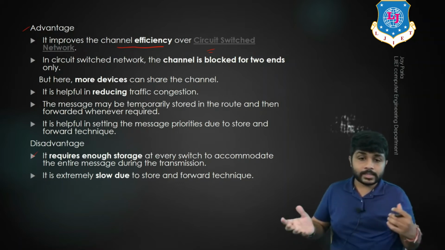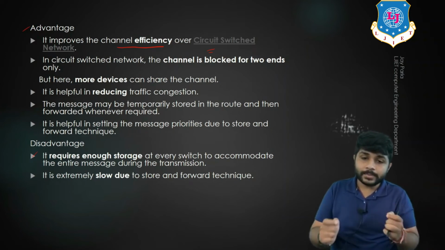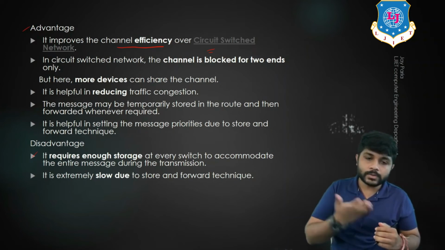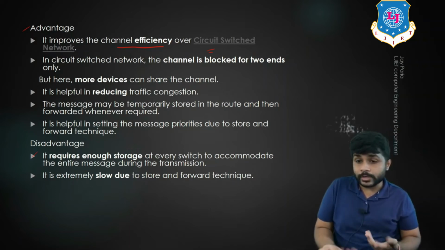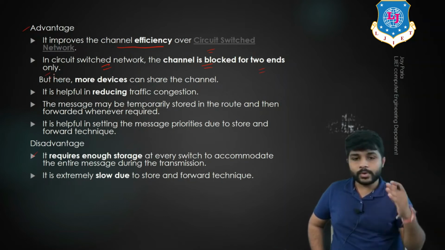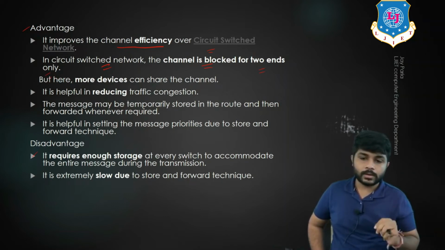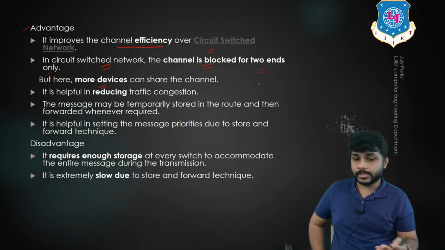The sender and receiver have multiple links, and whenever any link is empty, the message will be forwarded to that link. So the bandwidth is managed more efficiently. In circuit switching, the channel is blocked by two ends because at a time only two devices can use the link, but in message switching it is not so. It is an advantage, right?